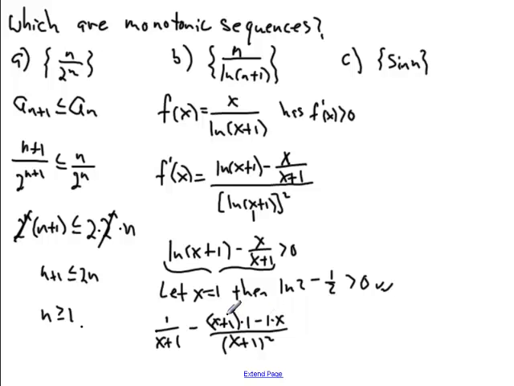And some nice stuff happens. We have x and minus x, which are going to cancel. We'll get a common denominator of x+1. And so that means the numerator in our first fraction is going to be x+1. The numerator in our second fraction, after the x's cancel, is just going to be negative 1.